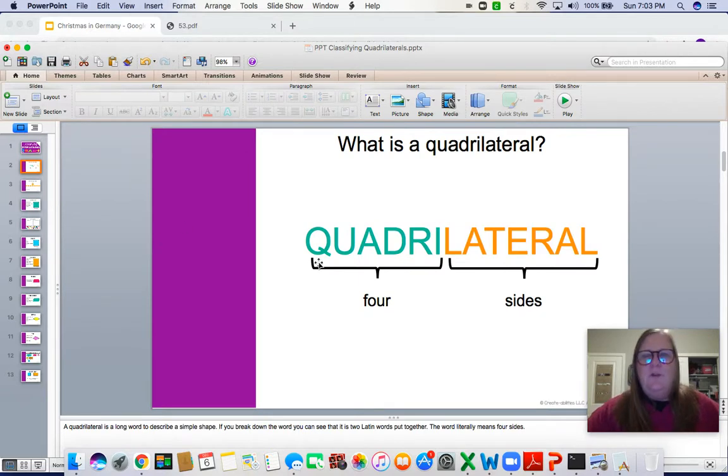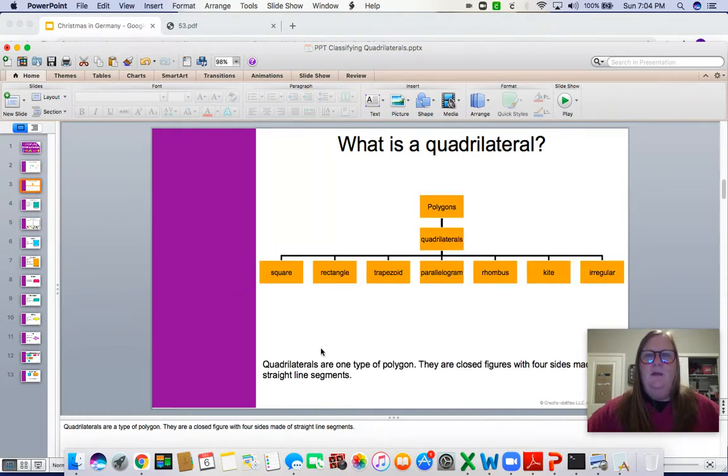So if you look on the screen, you will notice that we have the word quadri and lateral. Quad means four, and lateral means sides. So a quadrilateral is a four-sided shape. And if we look, we're talking about what is a quadrilateral, and they have all these different shapes listed.